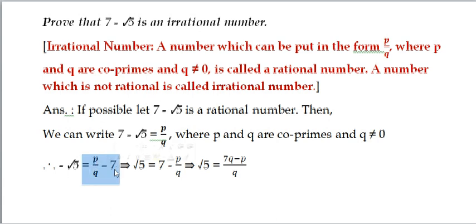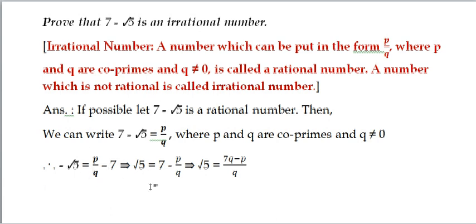Now minus root 5 is on the left side, and 7 comes to the right as minus 7, because of changing the sign, and p by q as it is. So minus root 5 equals p by q minus 7. This implies, and this is the symbol of implies, that this part is implying this part.